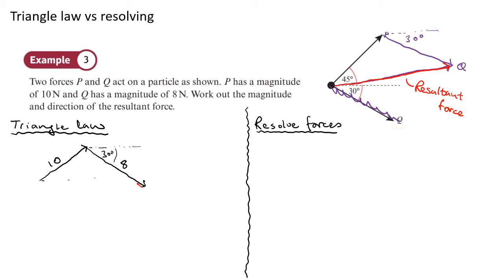But the angles are different as well. So let's make this a bit longer, like that. And then the question is all about finding that thing there. Okay, so it's not meant to be accurate. It's just meant to help us visualize what's going on, so we can see what we need to work out.